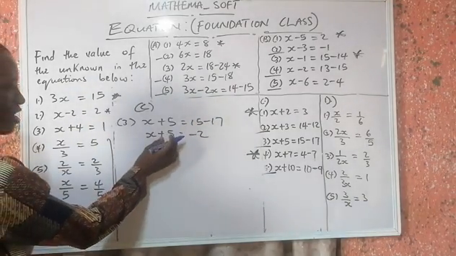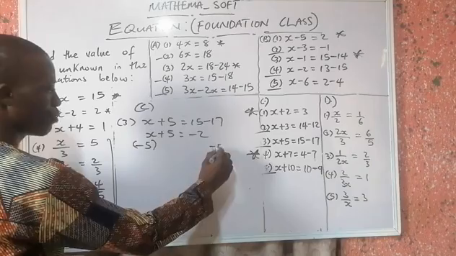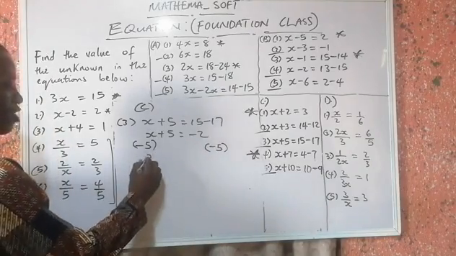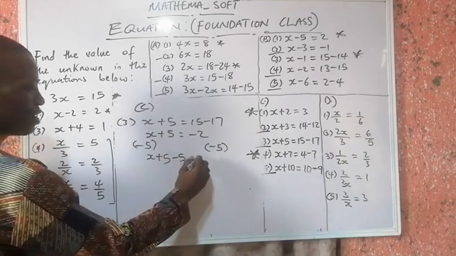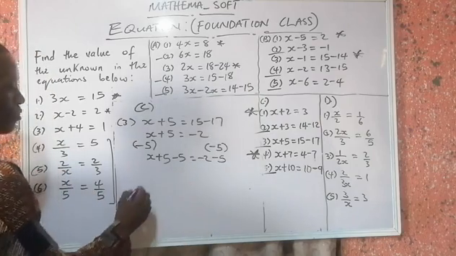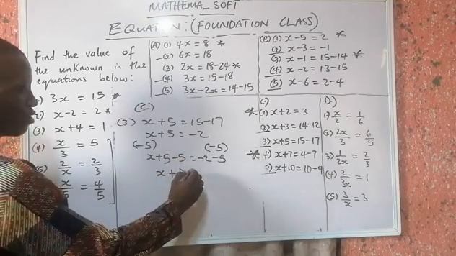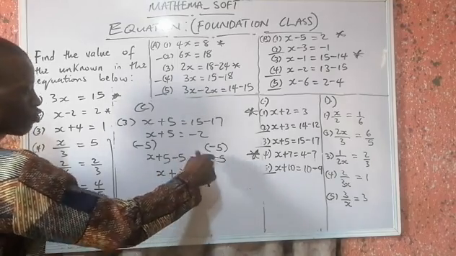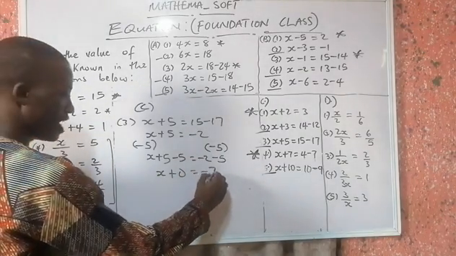And then removing this plus 5 will be by subtracting 5 from both sides. That will be x plus 5 minus this 5 equals minus 2 minus 5. And that will give me x plus 0, since plus 5 minus 5 will be 0, equals minus 2 minus 5. Okay, that will give me minus 7.